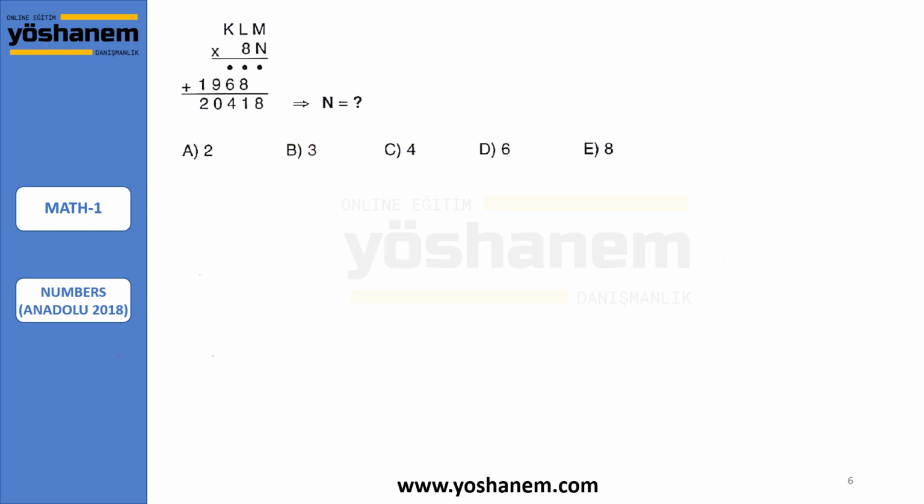Let's continue with this kind of question. It says KLM times A10 is this. Okay, it is asking n. KLM times A10. From here, KLM times 8 is this one, right? KLM times 8 is 1968.